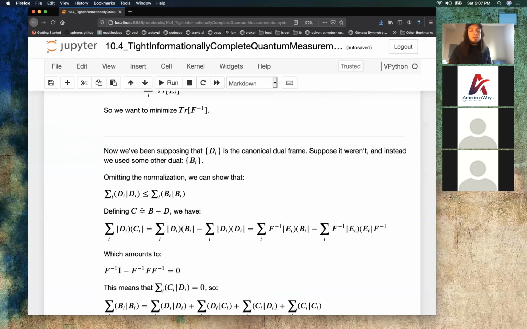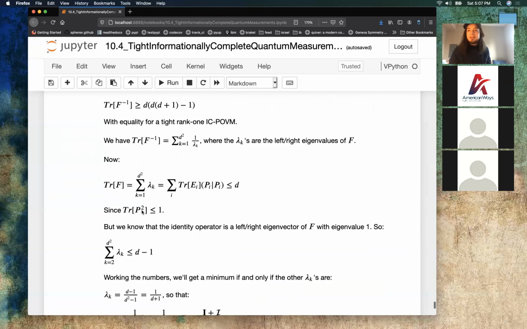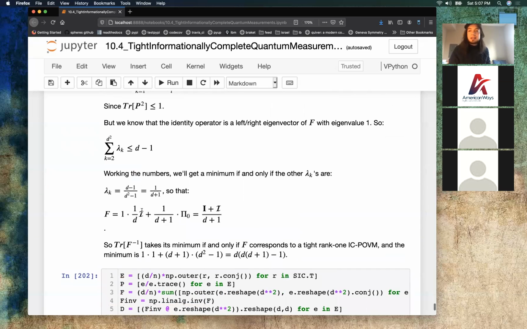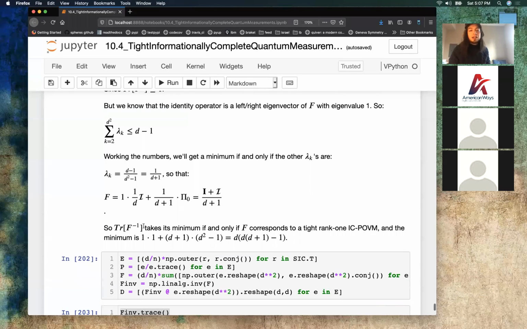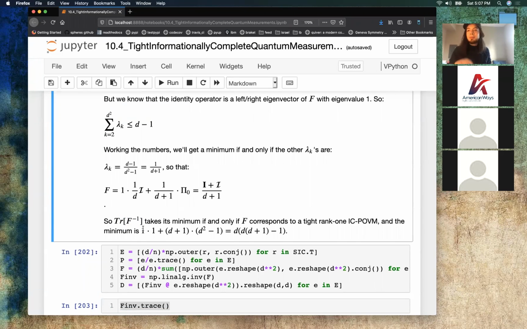There's this little proof that if we have a tight informationally complete POVM, a tight rank 1, like a SIC, informationally complete POVM, this value, the trace of the inverse of the superoperator, will take a minimum, and that will imply that the expected error of the reconstruction will be as little as possible. And so that's why these guys are good.